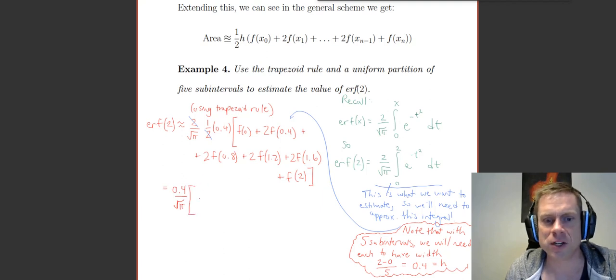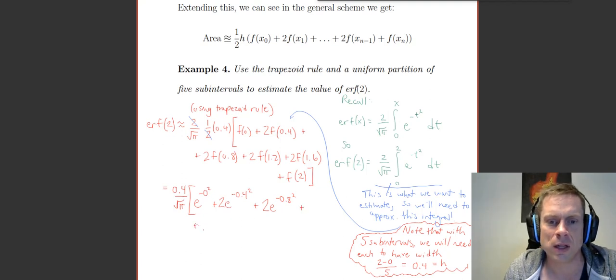And applying the function, a little bit tedious here, but it's going to work out to e to the minus 0 squared plus 2e to the minus 0.4 squared plus 2e to the minus 0.8 squared, and continue 2e to the minus 1.2 squared, 2e to the minus 1.6 squared, and finally we need e to the minus 2 squared.